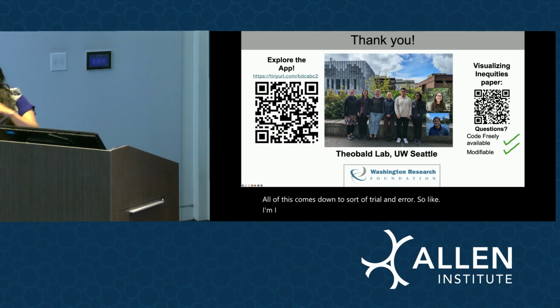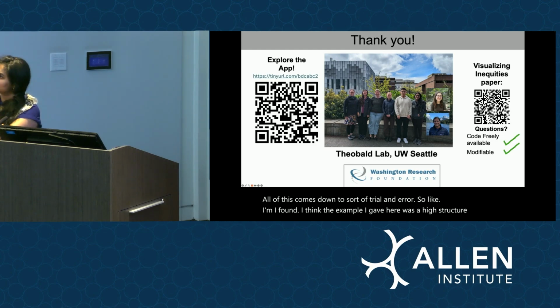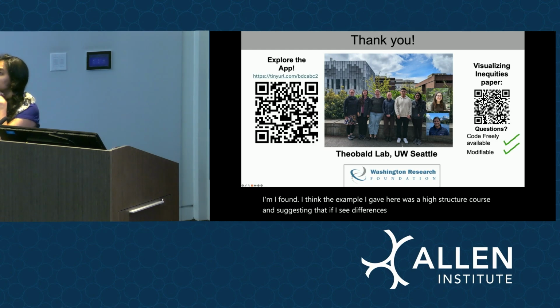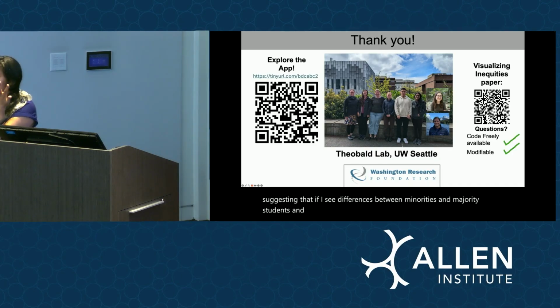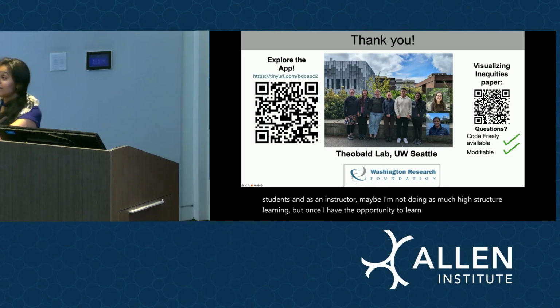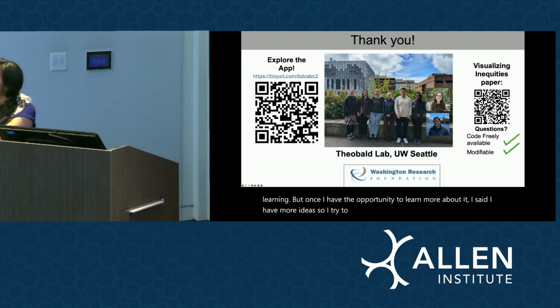The example I gave here was a high structure course. If I see differences between minoritized and majoritized students, and maybe I'm not doing as much high structure learning, once I have the opportunity to learn more about it, I have more ideas, so I try to incorporate some more of that into my class.